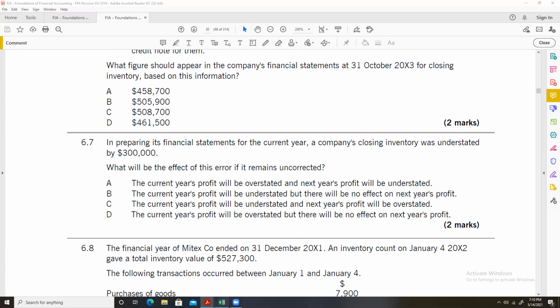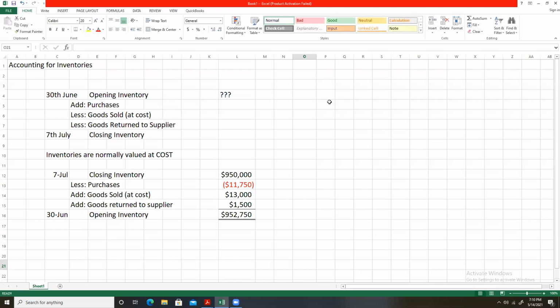Now, how do we calculate? Just recall, how do we calculate cost of goods sold? We take opening inventory, we add purchases to the opening inventory, we subtract the closing inventory to get the cost of goods sold.